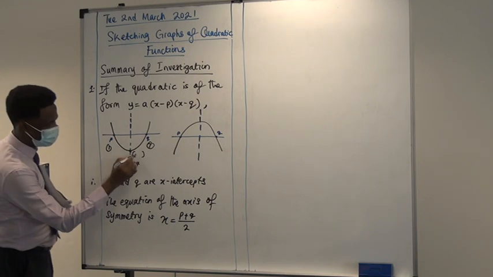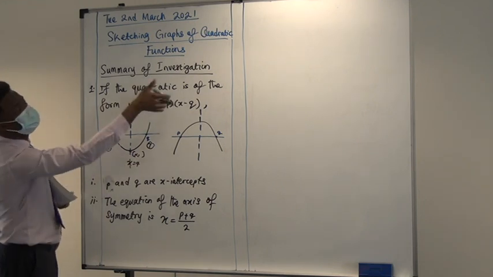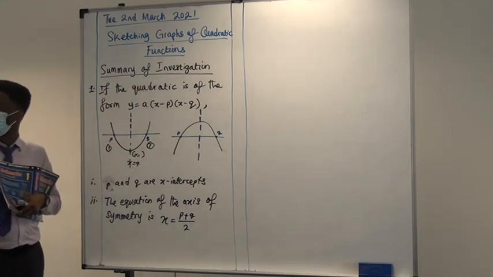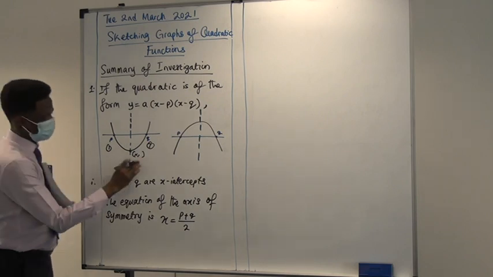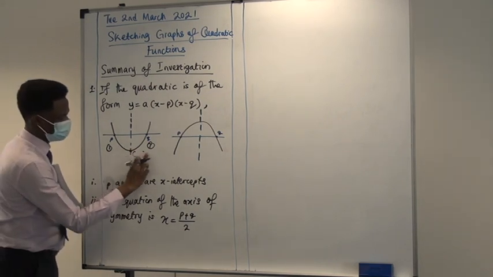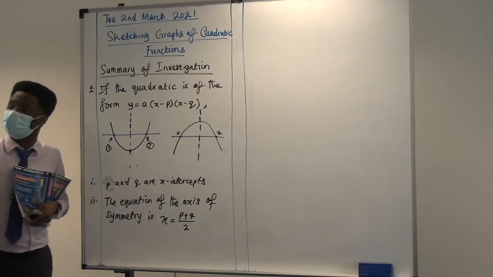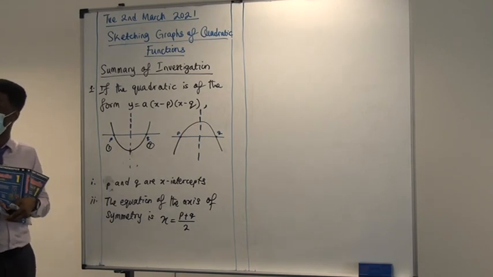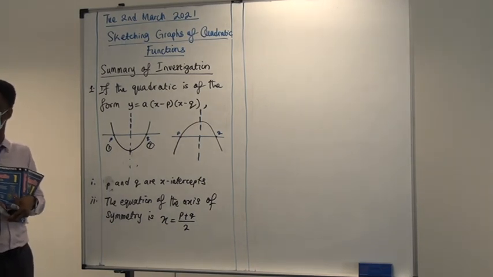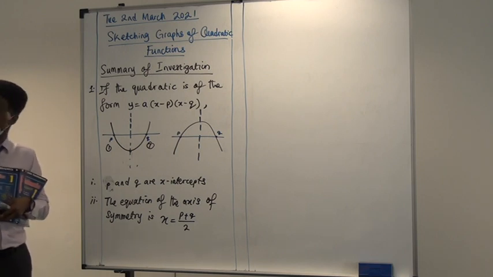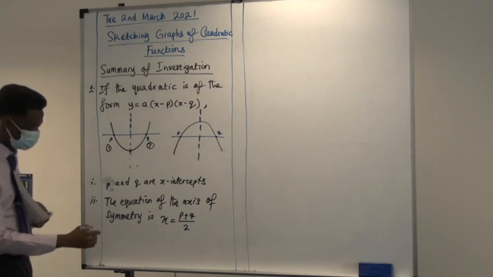Your X is here, your Y is just when X is equal to 4. These are important features when you are sketching a quadratic graph. You want to talk about the intercepts, the vertex and the axis of symmetry. So the last point I'm going to write here.